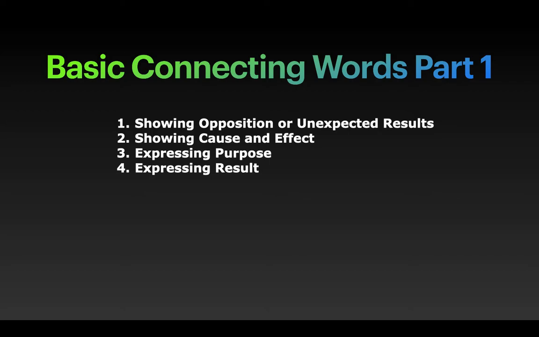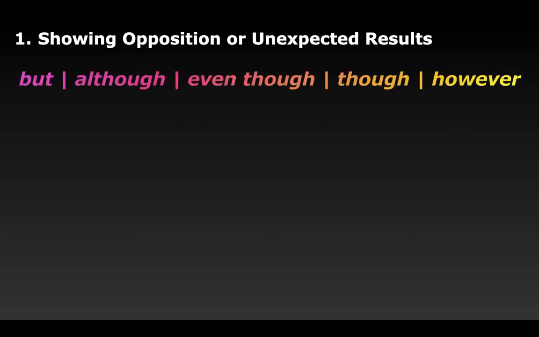Let's look at them one by one. So for showing opposition or unexpected results, we have conjunctions or connecting words: but, although, even though, and however.